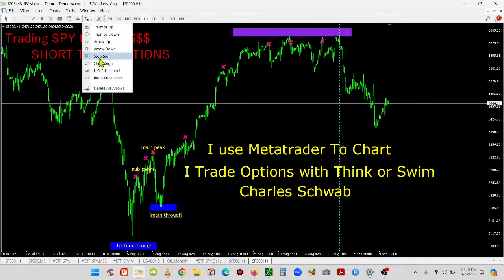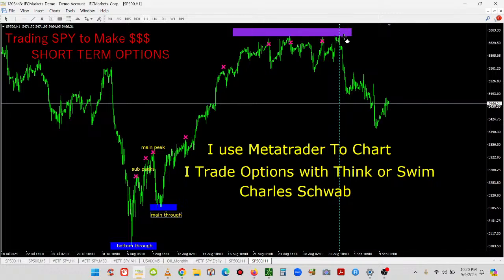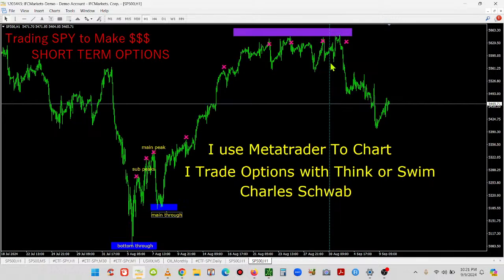But if you're new to that and you don't know how, only do it in a demo until you're fully confident, through and through confident, for at least a month trading in demo. Don't lose your real money like a fool. And if you go live and you start losing money, go back to demo trading and figure out what your problem is.